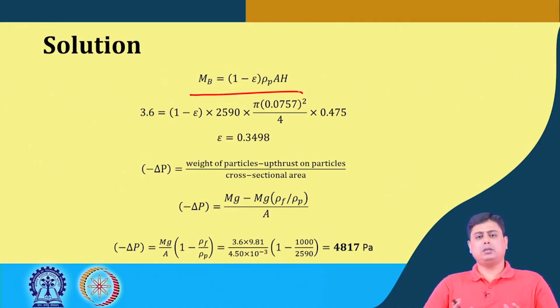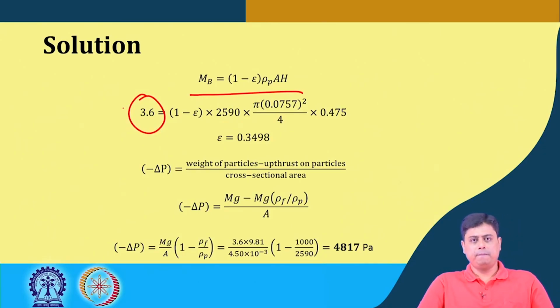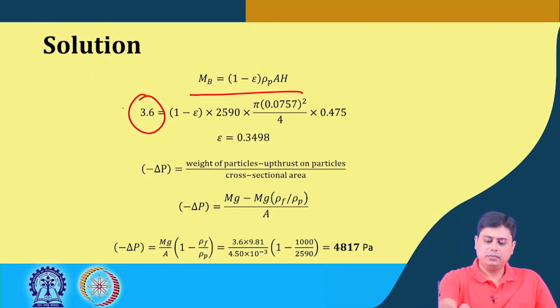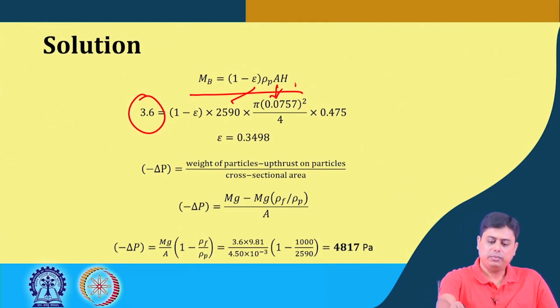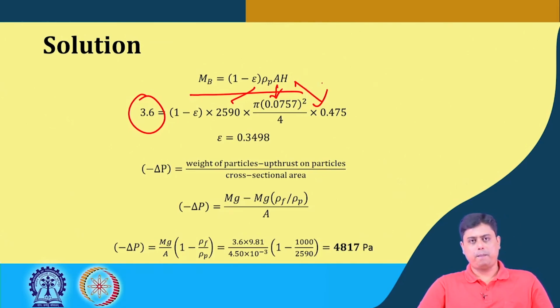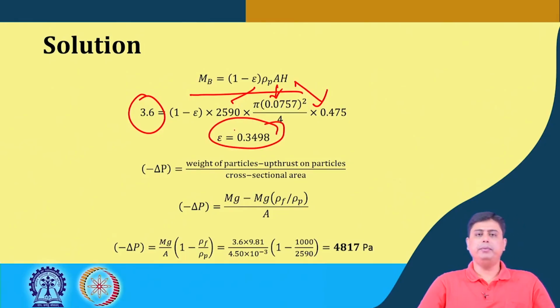That gives the weight of the particles, which is provided here, that is 3.6 kg. Rho p is mentioned. The cross sectional area we can calculate because the vessel diameter is given. The height of the bed is mentioned. So, we can easily find out the bed voidage for the fixed bed condition.